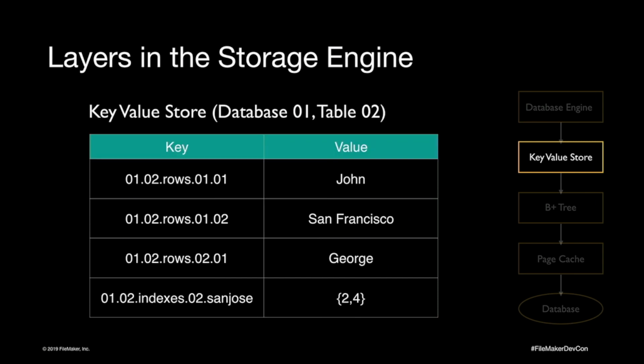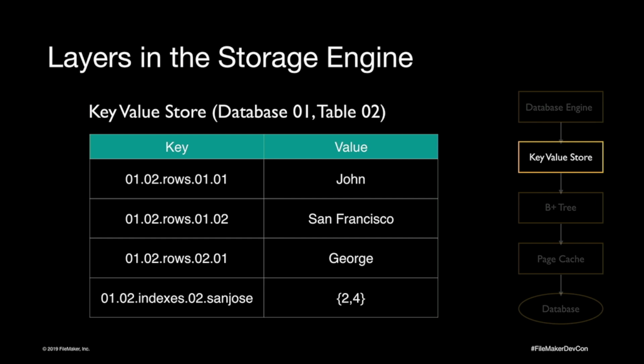I'm showing a very simple encoding scheme. Let's say we encode the database with value 01, and in the database file there is table number 2, called 02. If you look at the very first key in the key value store, there are 5 subkeys.